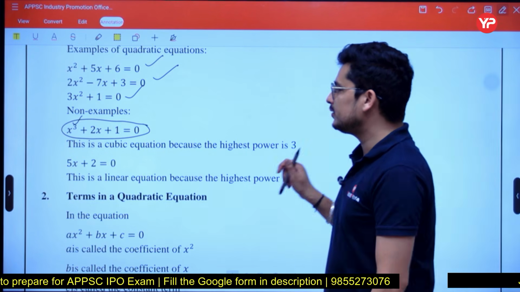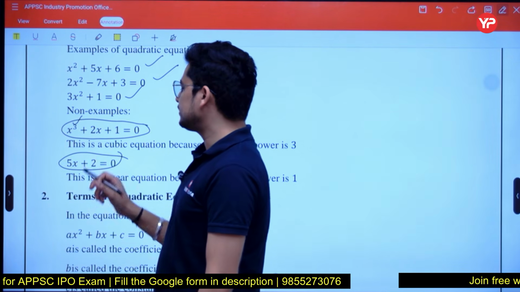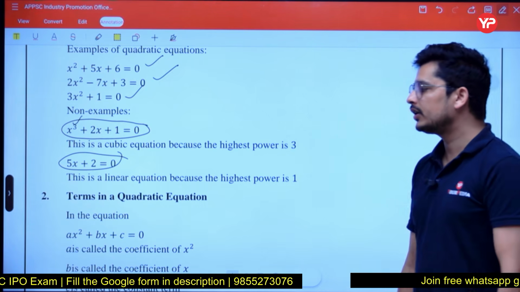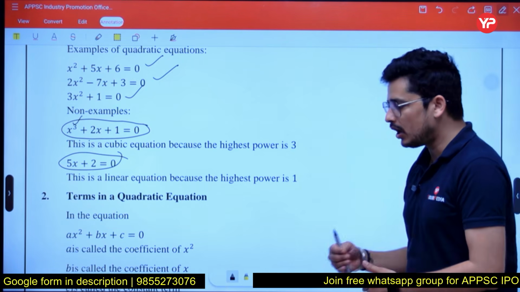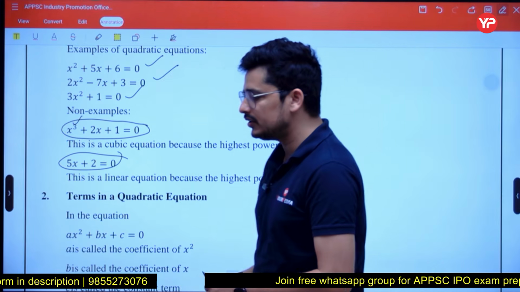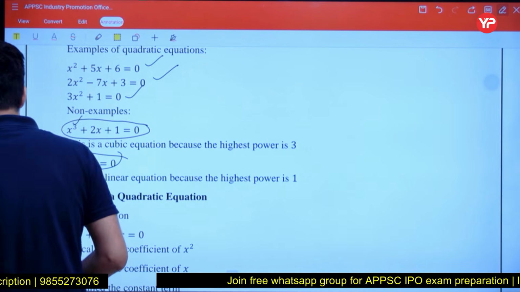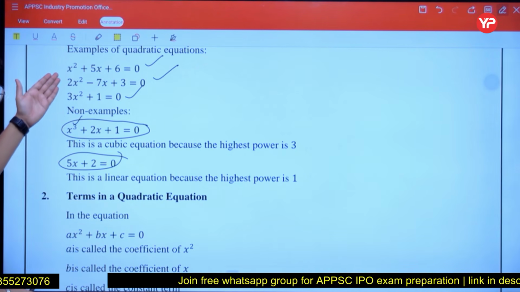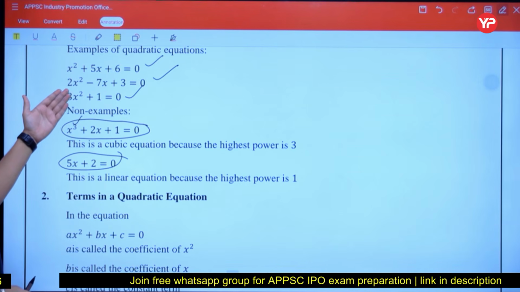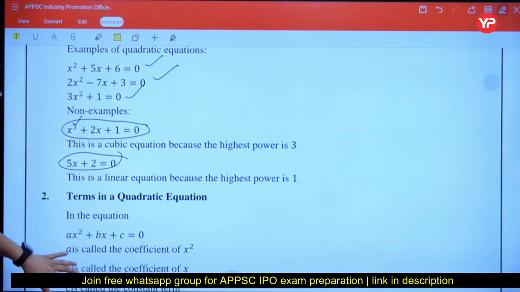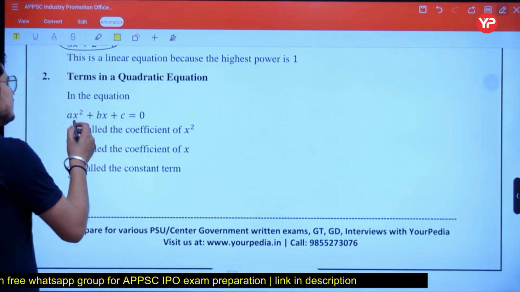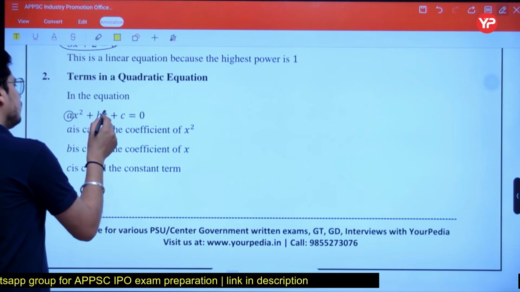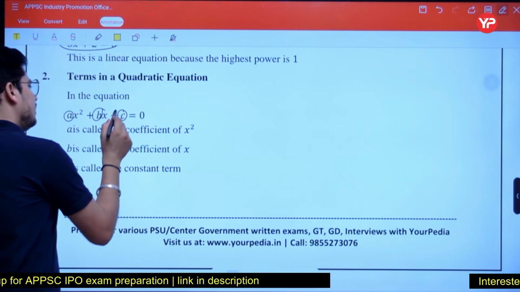Another example, 5x plus 2, is again not a quadratic equation. This is a linear equation. So how can you differentiate it from other equations? If an equation has the highest power of x as 2, that will be your quadratic equation, right?